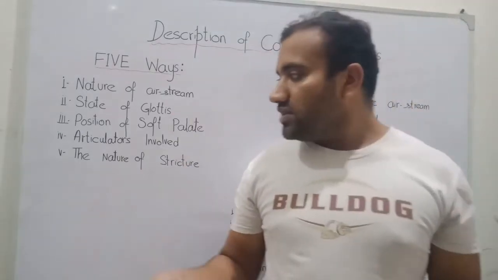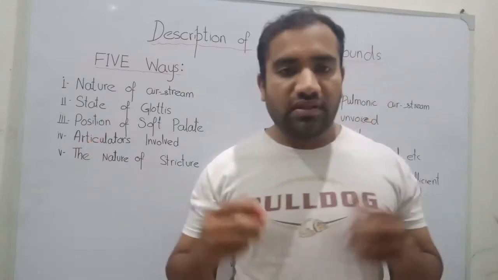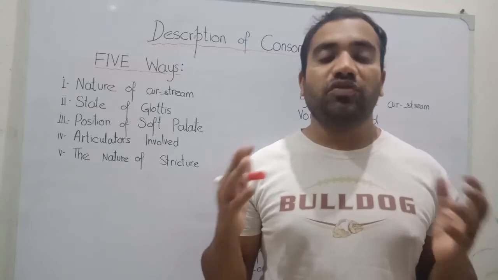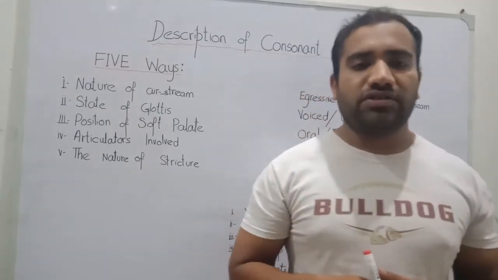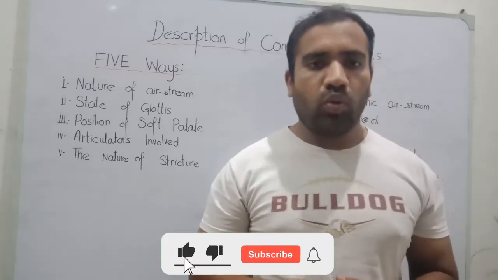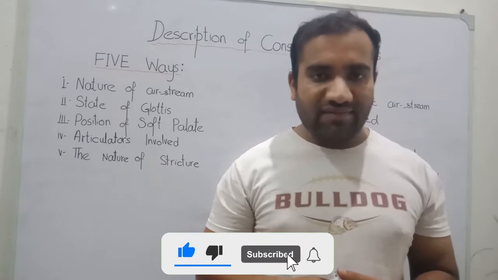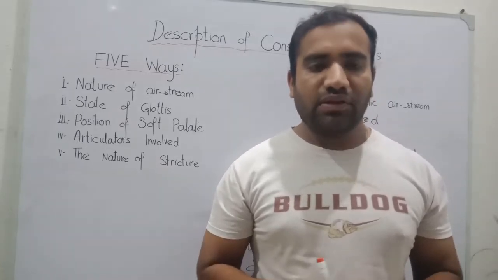The fourth one is the articulators involved. What are the articulators that are involved when producing the particular sound? I told you in the previous video that we have two types of articulators: the passive articulators, and the active articulators, which are the tongue and the lower lip.